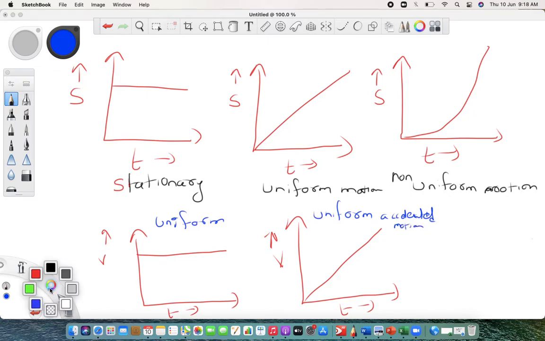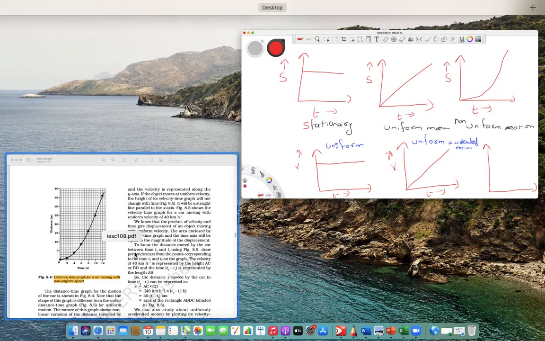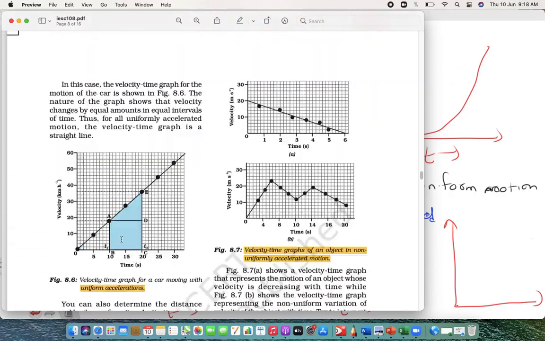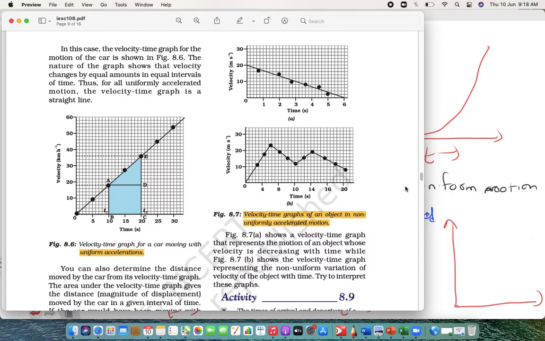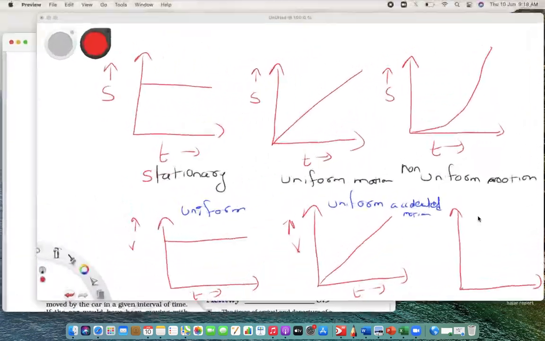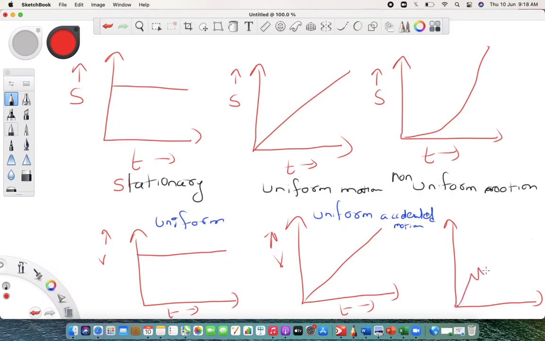What if I draw the graph like this? Okay, but what if I draw a graph like this, zigzag, as I said, right? So here, if you see, this is non-uniform motion.